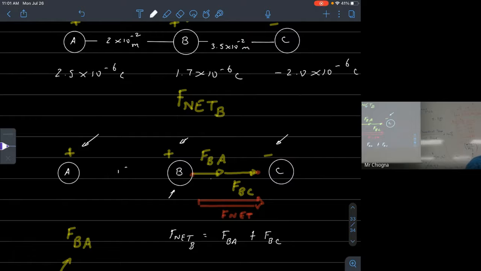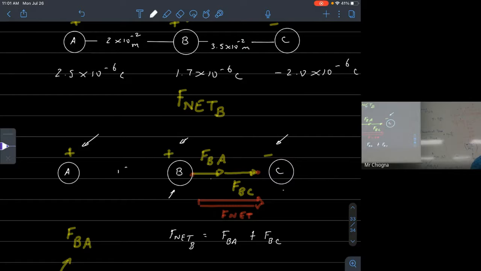It says so in the problem. So the first question, you deal with A first and then with C. You deal with one charge at a time. Whatever the charge is on the left, deal with that first and ask yourself the question, is it attracting? Is it pulling B or is it pushing B? It's pushing B to the right. And then forget about A.